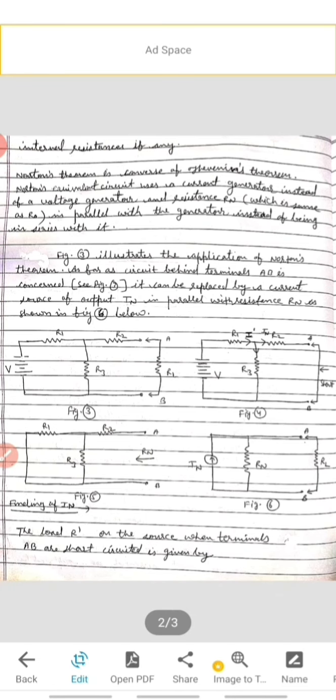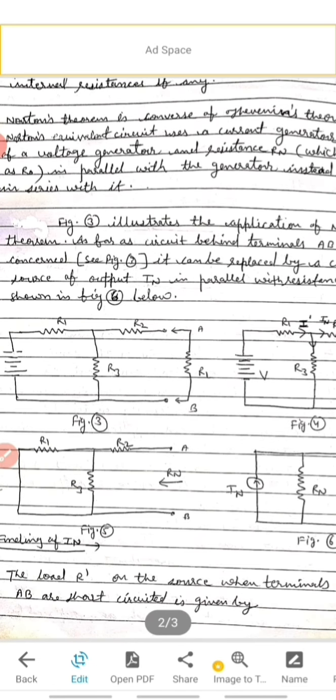Now second is finding Rn. For finding Rn, we are using the circuit represented in figure 5.